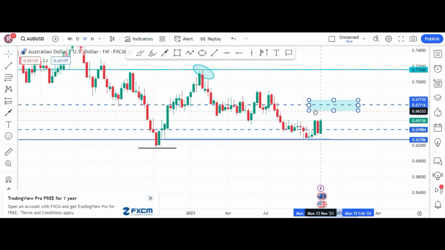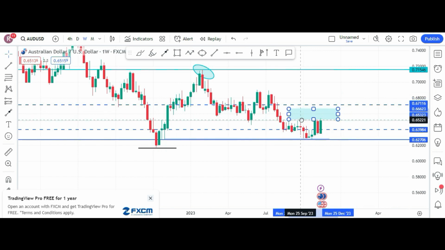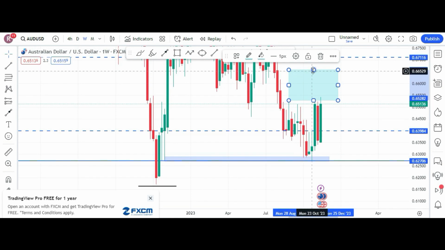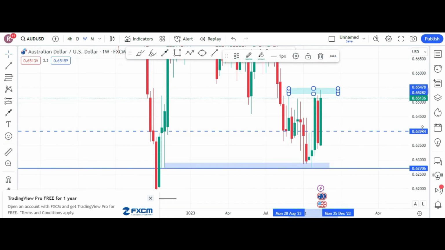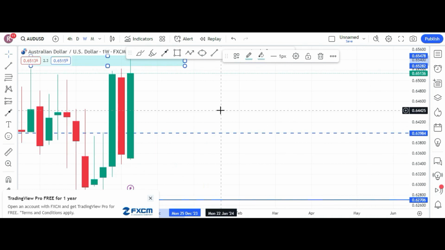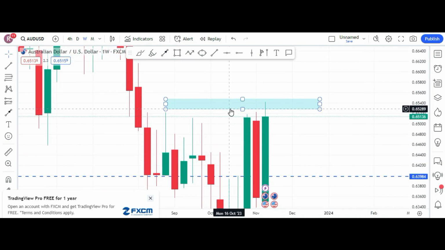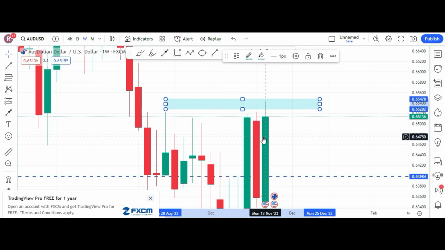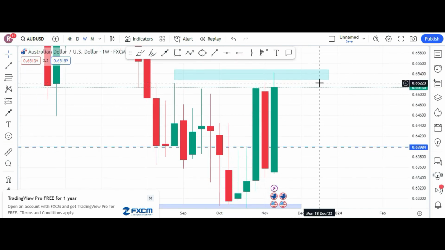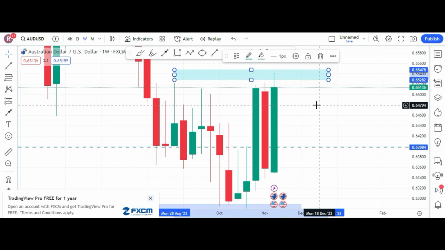Let's come back here, and we have a double top in the week here. If we enlarge it more, now we can see it more clearly. To create a weekly double top, I beg your pardon, my mistake, I don't think it has formed, because we need a green and red which can match this area, and we don't have anything here.